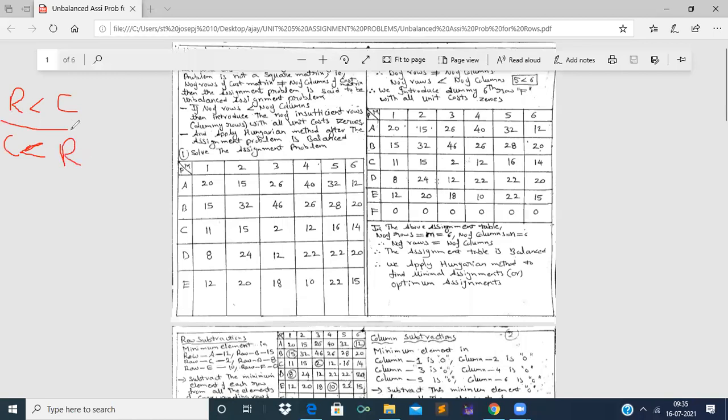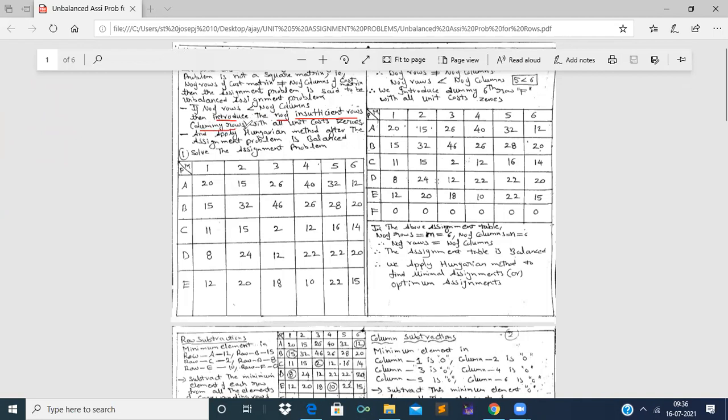So it is the problem in which the number of rows are lesser than number of columns. If number of rows are lesser than number of columns in any assignment problem, then what should we do? We should introduce the number of insufficient rows, that is dummy rows or duplicate rows.